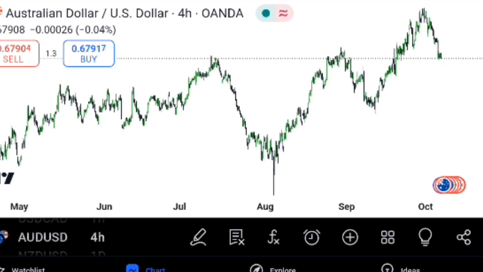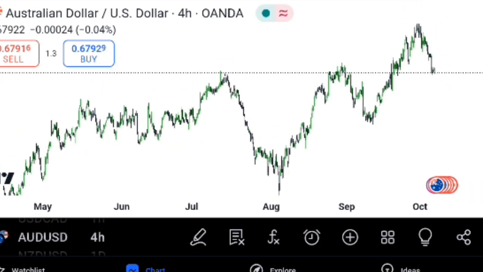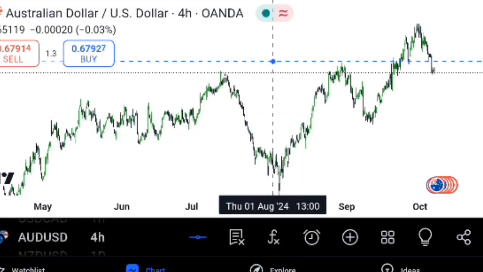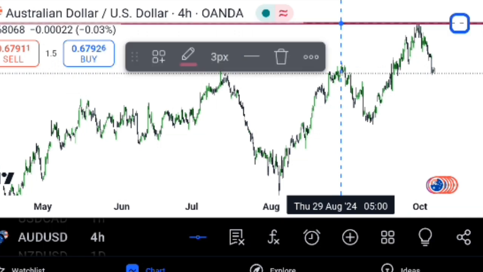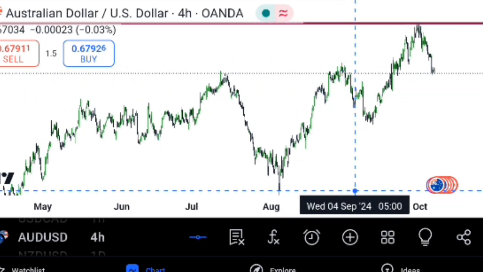So the first thing after identifying the trend, we're going to mark the highest and lowest points of the market. So I would go in with my horizontal line and mark this is the highest point that the sellers could reach for now, and then this is the lowest point.